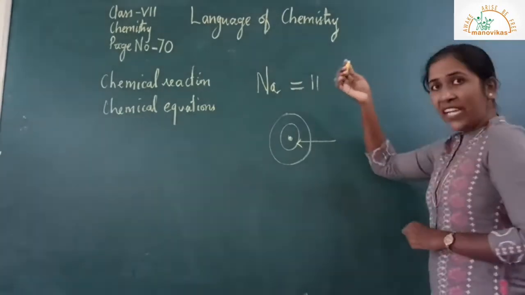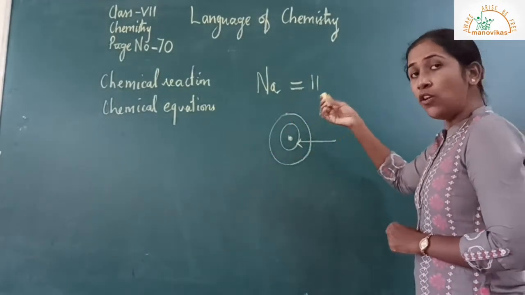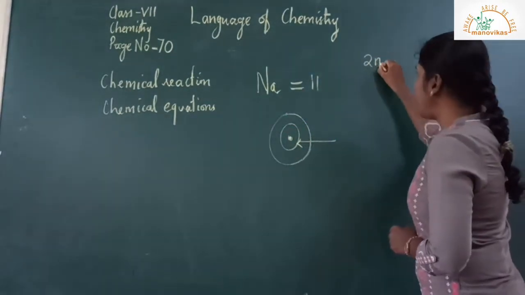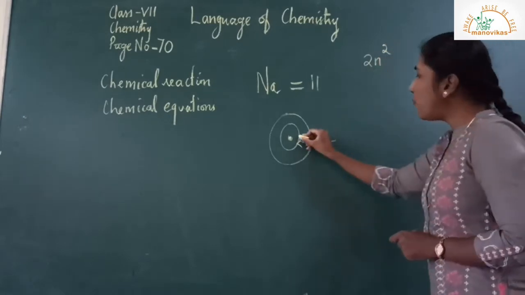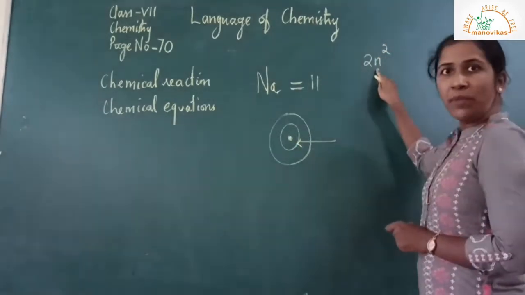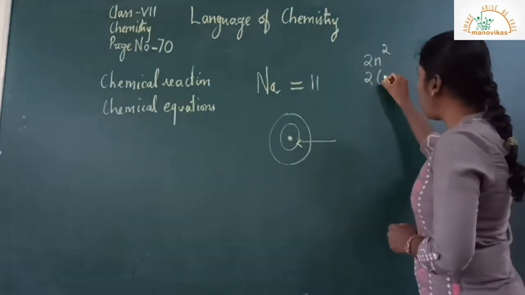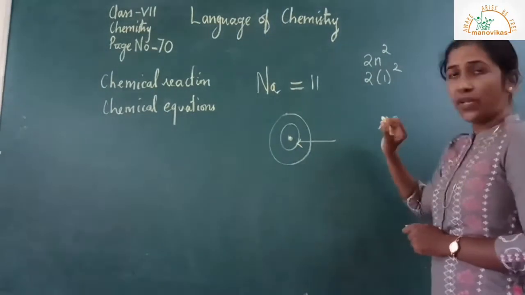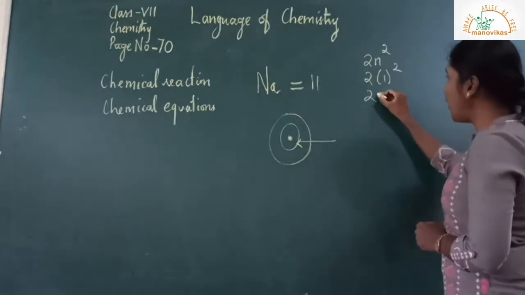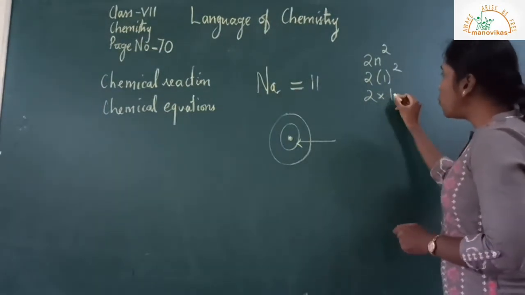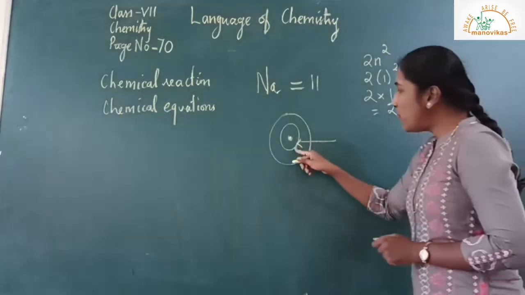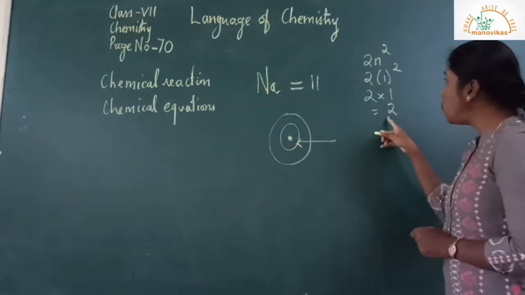We can write it using the formula, that is 2n square. Now consider the first shell. So n will be the number of shells. So you can write the first shell as 2 into 1 square. Okay. So what is 1 square? 1 square will be 1, 2 ones are 2. So in the first shell, you are going to have 2 electrons.